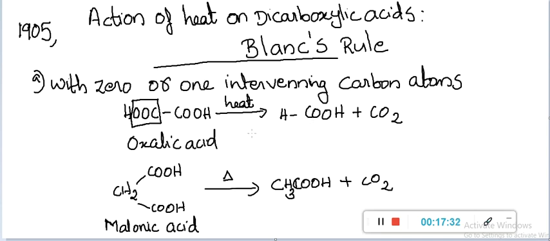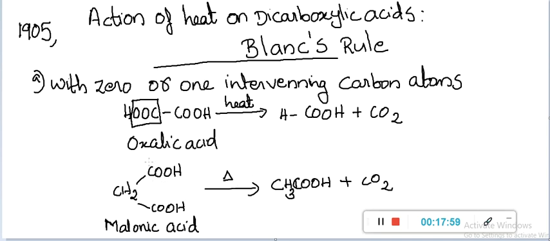Another example is in the case of malonic acid. Malonic acid has one intervening carbon atom. Structure of malonic acid is COOH, CH2, COOH. When it is heated, it will convert into monocarboxylic acid.